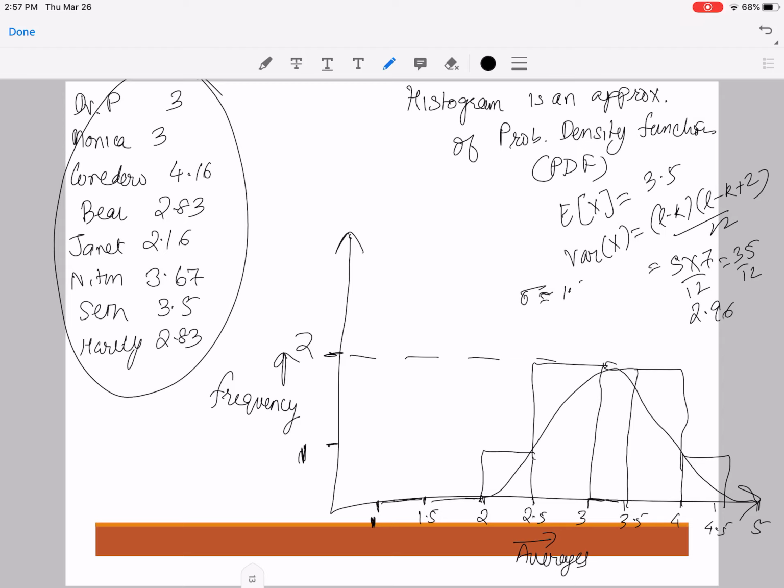Sigma is approximately 1.7. Now, the central limit theorem tells you that this Gaussian's average will be approximately equal to the population average. So notice here, it is indeed approximately equal to 3.5. Furthermore, the standard deviation sigma for this Gaussian random variable will be approximately equal to the standard deviation of the population over square root of n, where n is equal to 6 here.